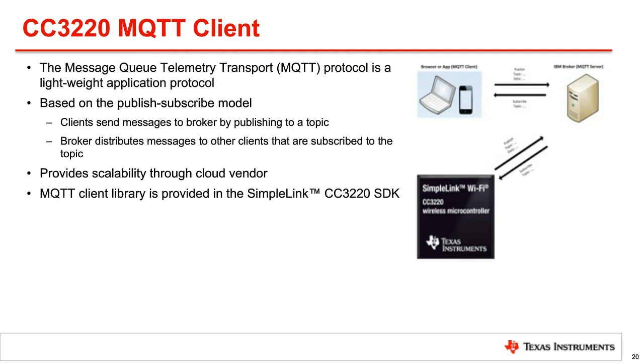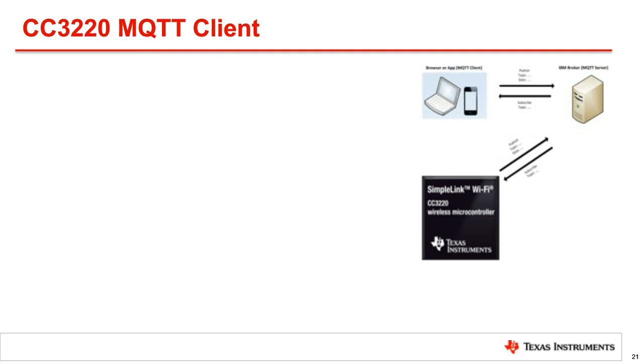And it's really easy to add MQTT client functionality into a SimpleLink Wi-Fi based design because there's an MQTT client library included in the CC3220 software development kit. The MQTT client library from the SDK can be used to quickly connect to a cloud server such as IBM.